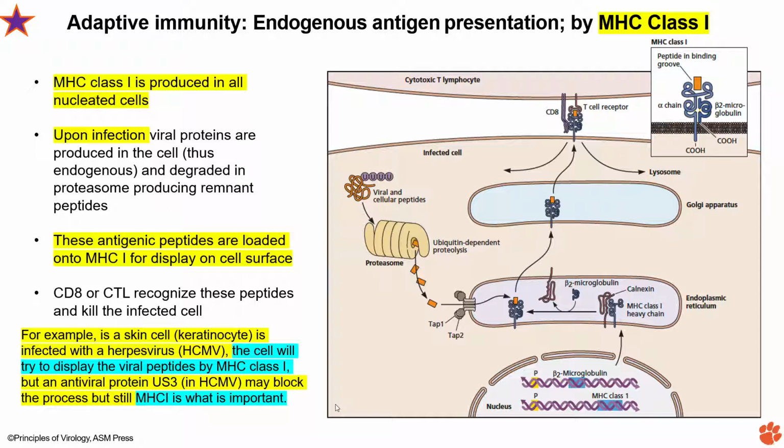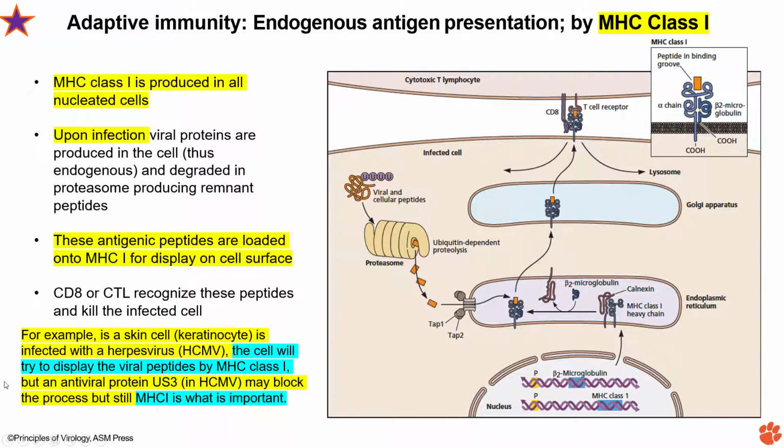All right, so here we are looking at what is going to happen in the process of presentation of the antigen on MHC class 1. Remember that it is produced in all nucleated cells upon infection, including the antigen presenting cells, of course, as we just talked about. And these antigenic peptides are loaded onto the MHC1 for display on the cell surface.